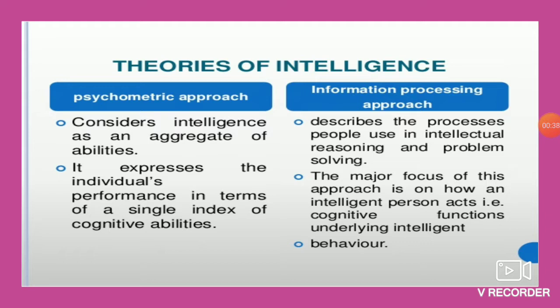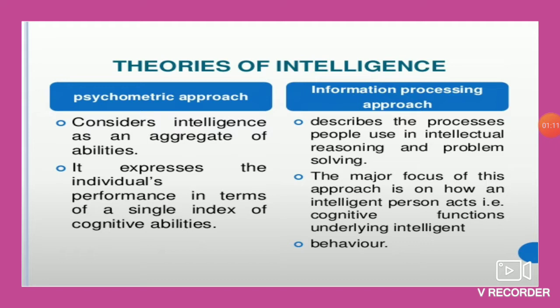So the basic difference here is that psychometric considers it as a total of all the abilities, whereas information processing considers it as the processes that are involved in reasoning and problem solving. The second difference in the two approaches is that the psychometric approach states that intelligence is a single set of abilities, whereas information processing approach expresses intelligence as how an intelligent person acts.